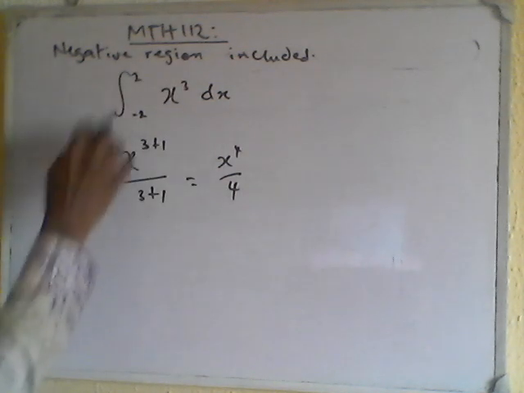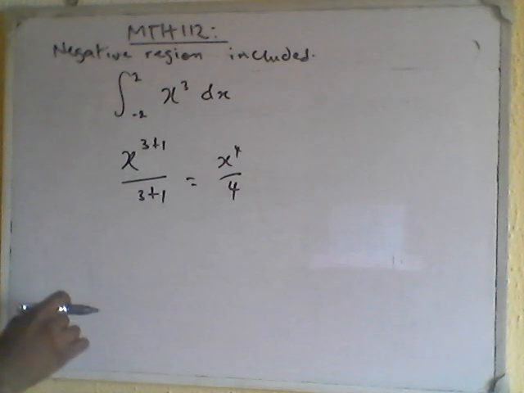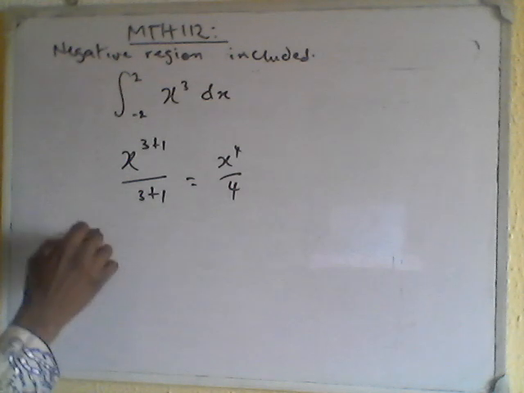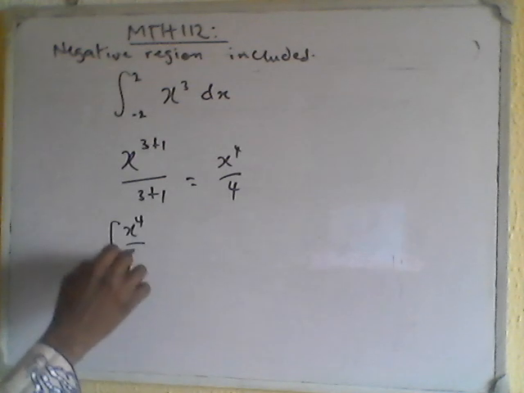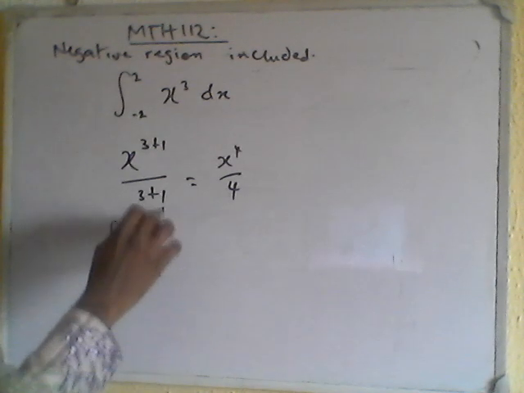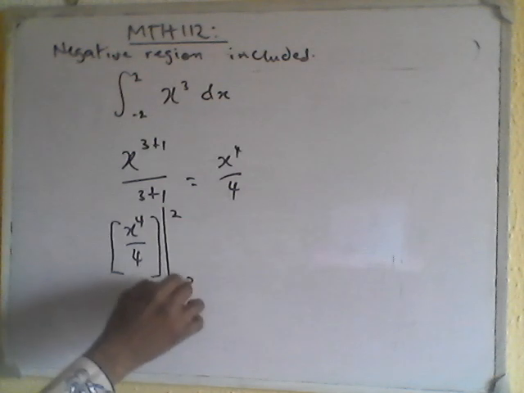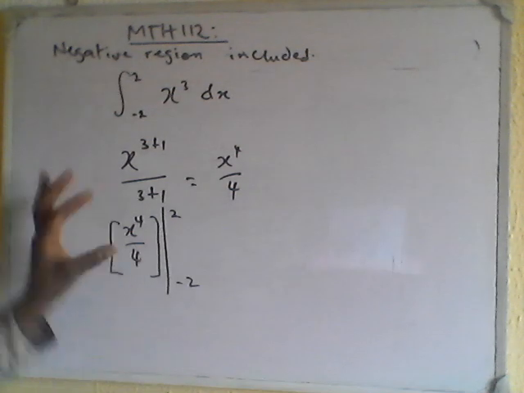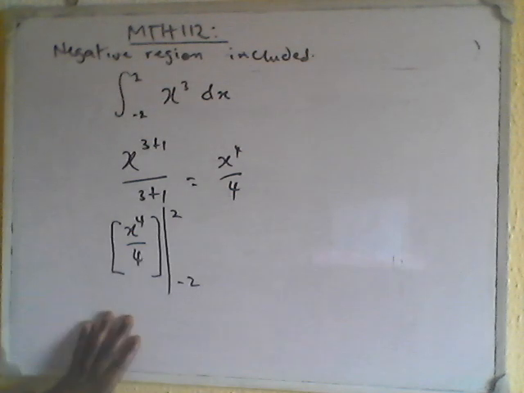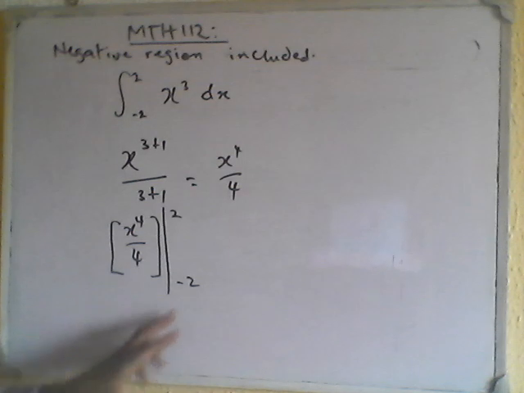So we'll now compute the intervals. Okay, so this function is like this, 2 and minus 2. So what that means is that I'm going to substitute 2 into this function to get the first term, minus, substitute minus 2 into this function and get the second term.